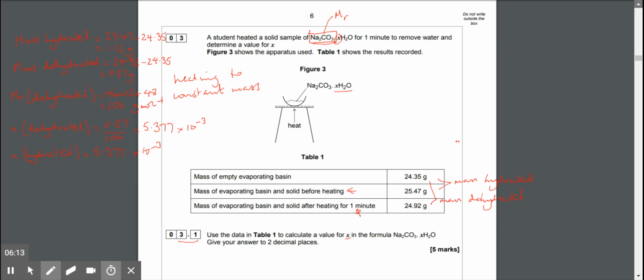And we know the mass, so we can work out the MR of the hydrated. MR of hydrated. So I have to just write out this moles equals mass over MR. So MR is mass over moles. Mass was 1.12.